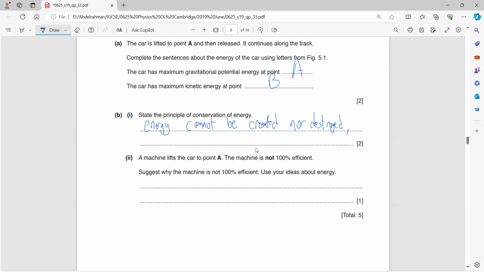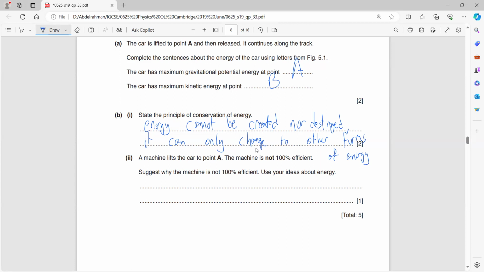It can only change to one form or another. To other forms of energy.